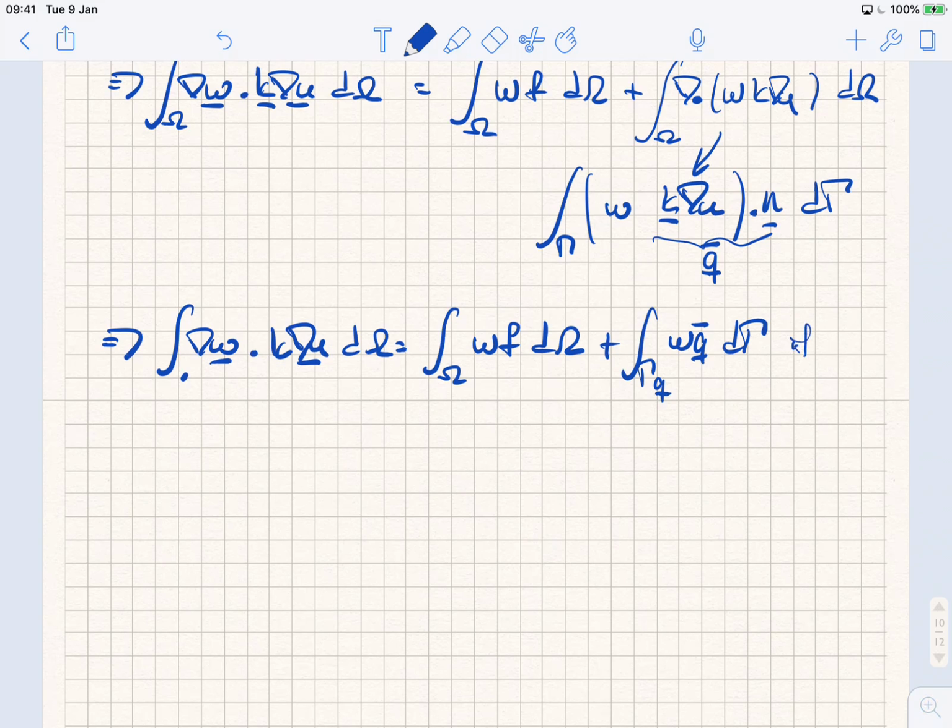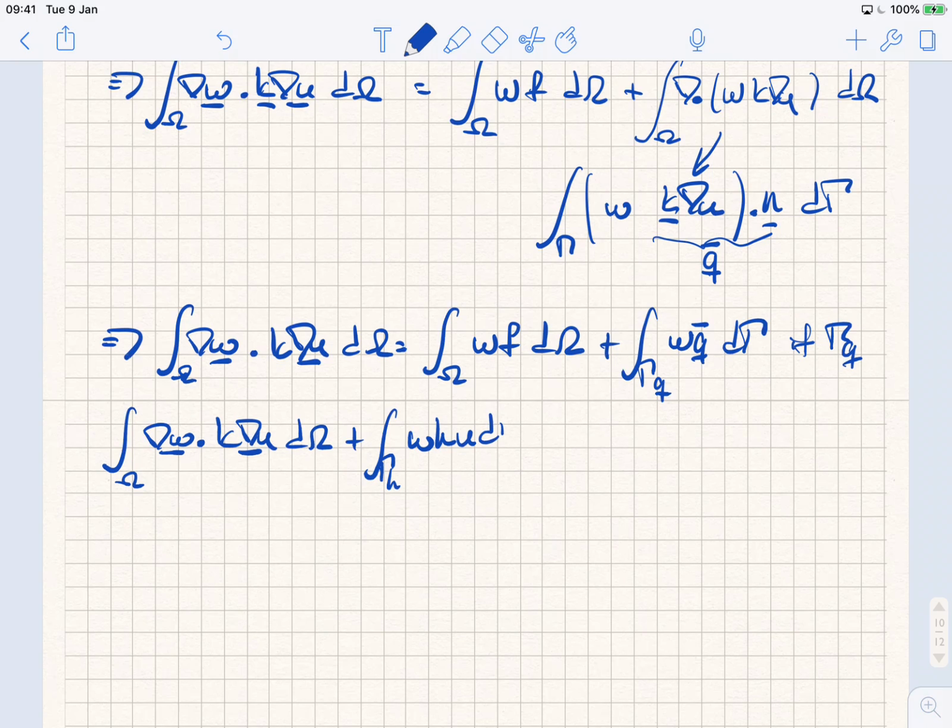So gamma Q, and then we will change that. We're going to go through this one more time.